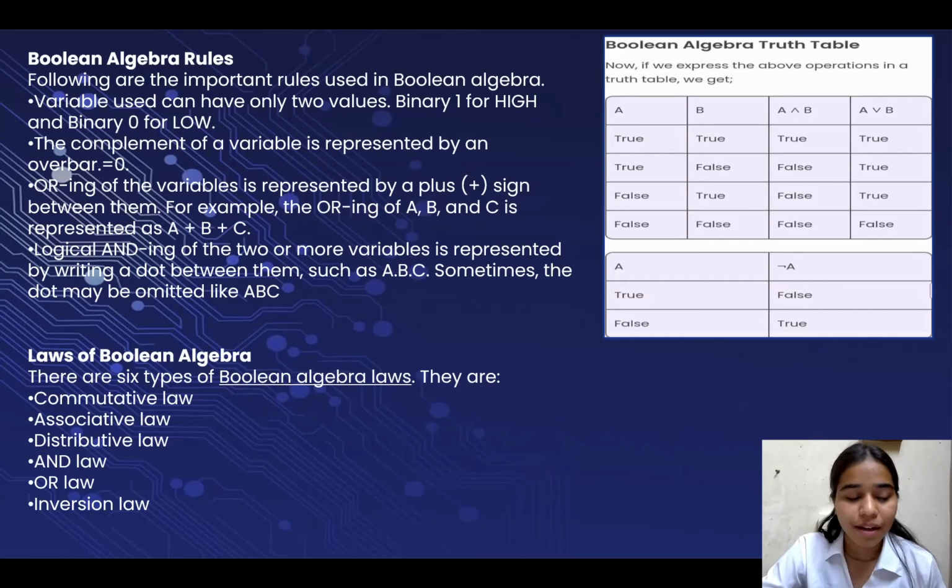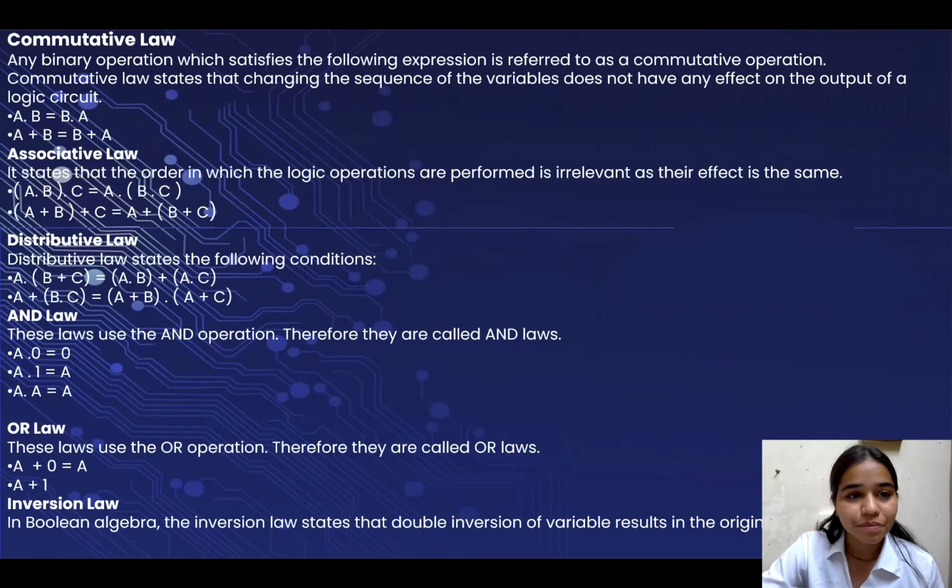Laws of Boolean algebra. There are 6 types of Boolean algebra laws. They are commutative law, associative law, distributive law, AND law, OR law, and inversion law. Commutative law: a binary operation which satisfies the commutative expressions is referred to as a commutative operation.